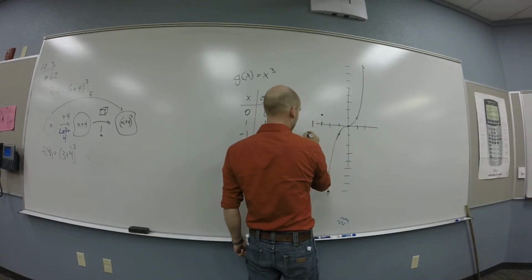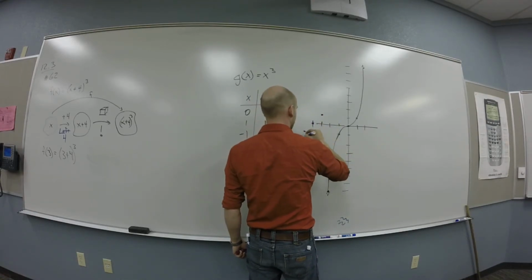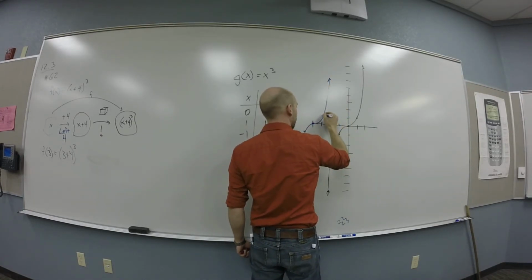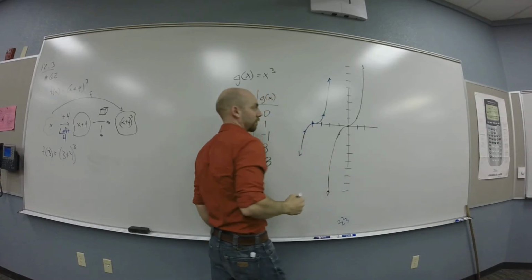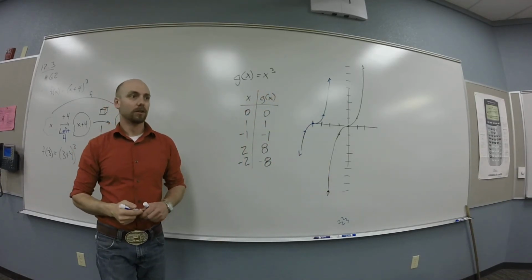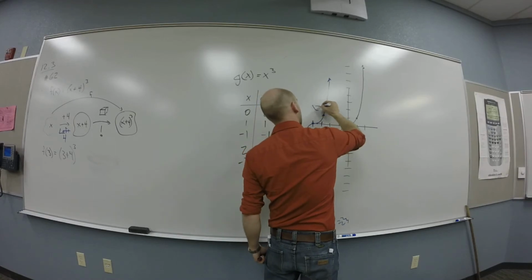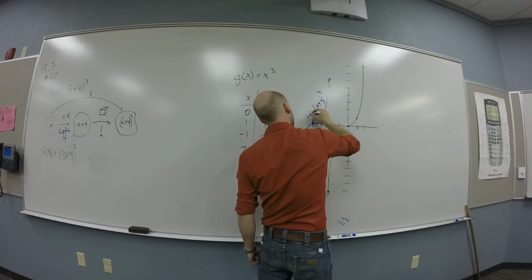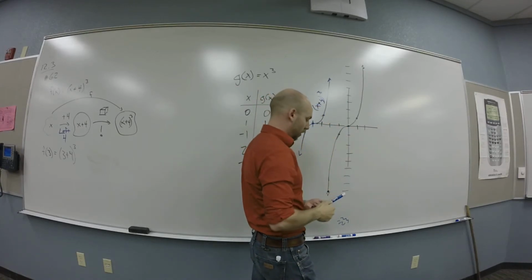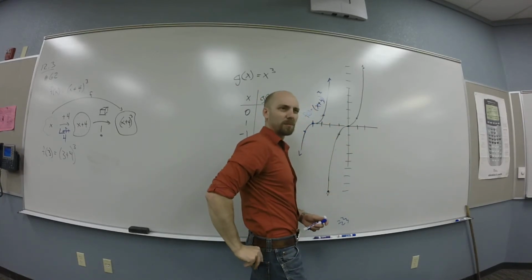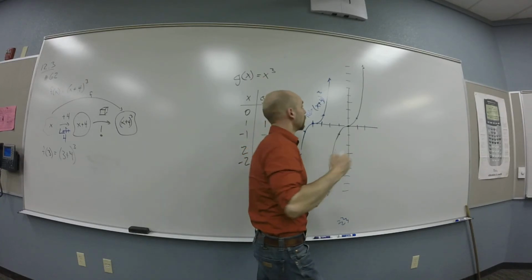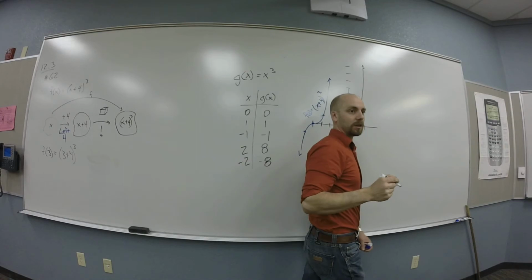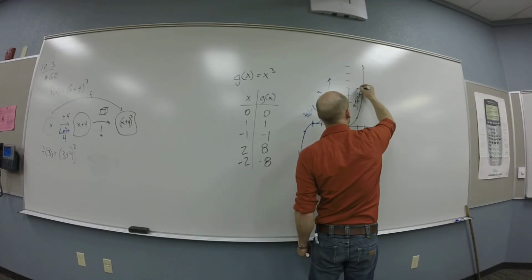Okay, so we have these points, and then our funky shape. Okay, see that? So this is x plus 4 cubed, that's f of x. And this other one, the black one, was g, right? And that was x cubed.